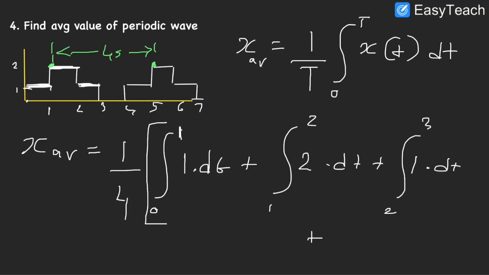And lastly, let's not forget this, because this is one cycle. If you consider this point as the starting point, here at 0, the signal doesn't end here, but it ends at 4, because the time period is 4 seconds.